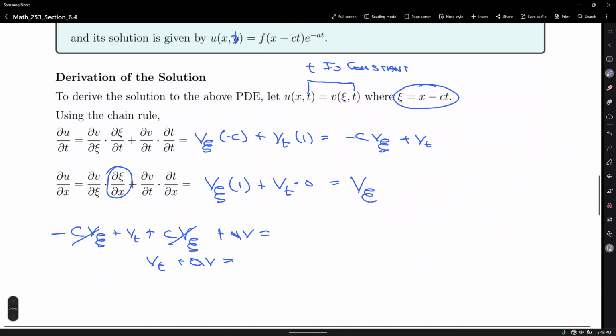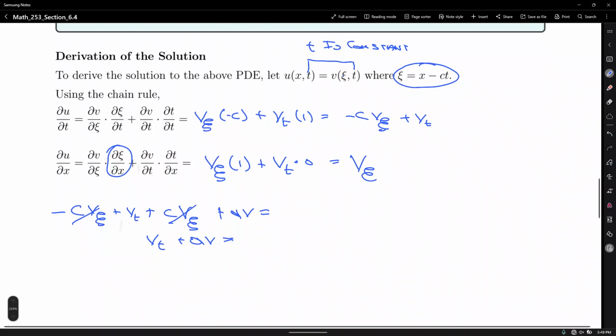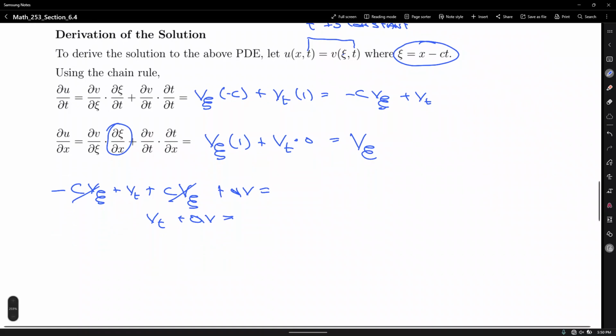Because only one partial derivative appears, only one variable with respect to it is showing here. So what does that mean? Actually, let me change this to dv dt equals negative a v. And in this case, separating the variables, dv over v equals negative a dt.